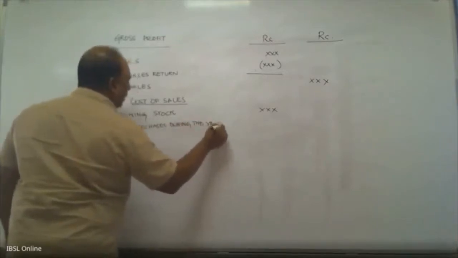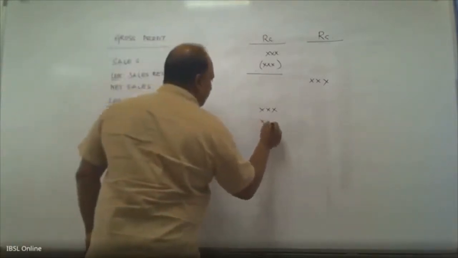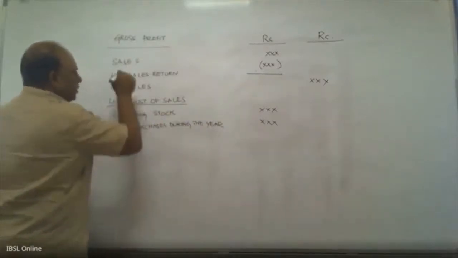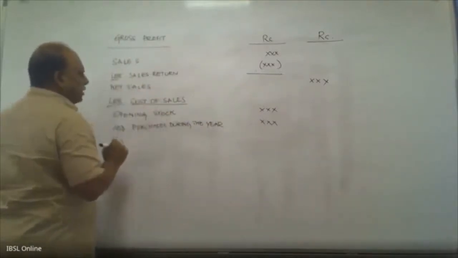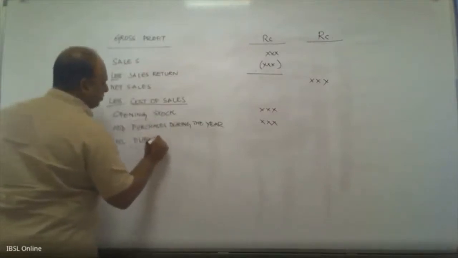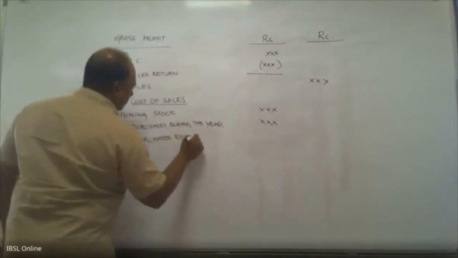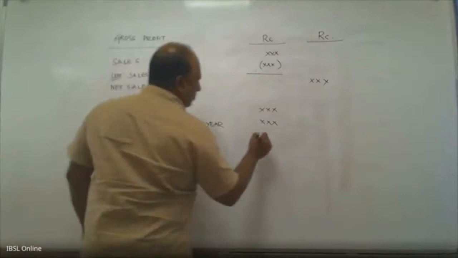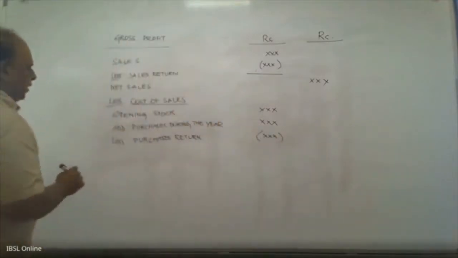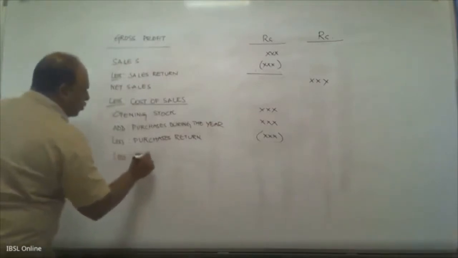Okay, you don't need to say during the year. You add the purchases less sales also has sales return, so purchases also might have purchases return. Then finally, you deduct the closing stock.